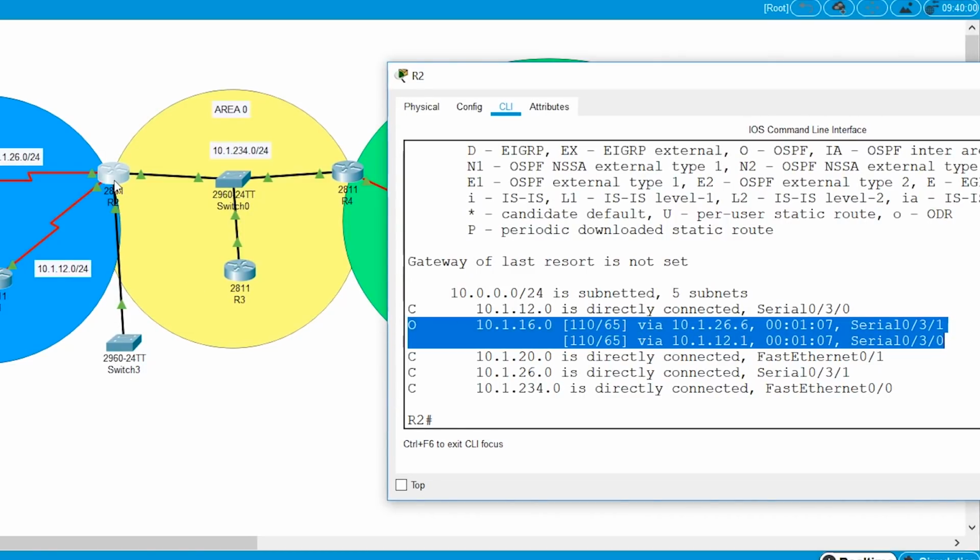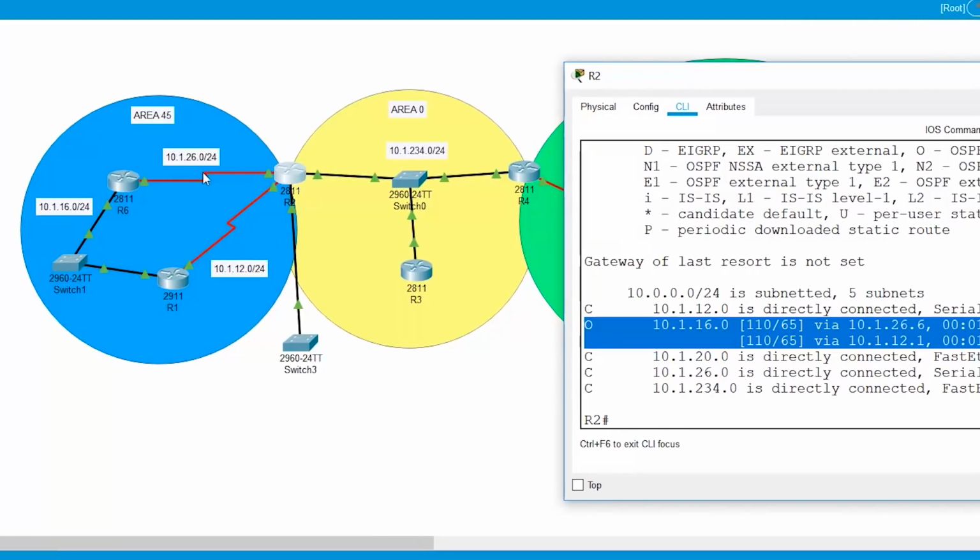From router 2's perspective, this is cost 64, this is also cost 64. So to reach this network it has equal cost, 64 plus 1, which is 65, because this is FastEthernet, so that is 1.